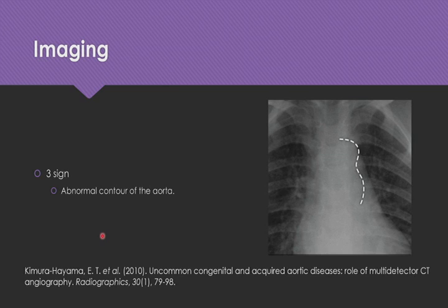On imaging, one of the most common findings is the 3 sign, which is called that because of this configuration of the aortic border with the shape of the number 3. It's due to the narrowing of the aorta.